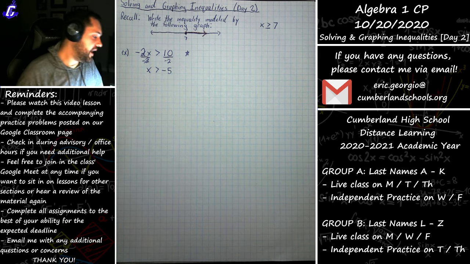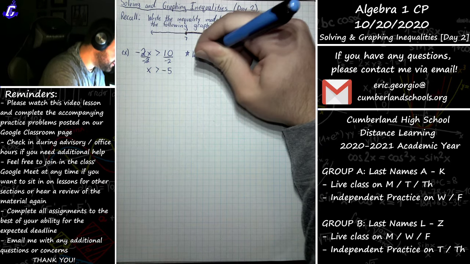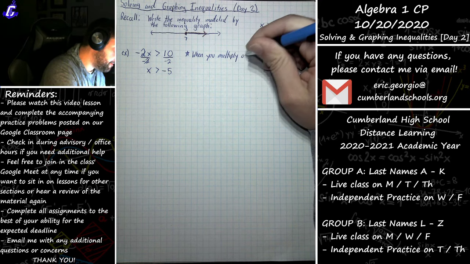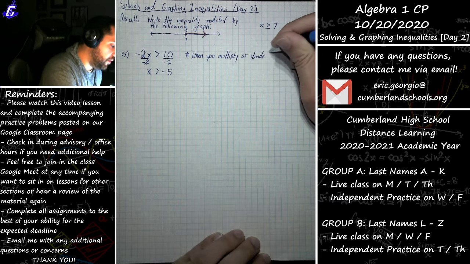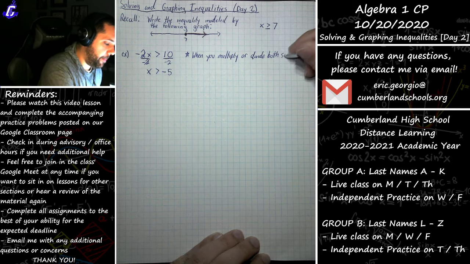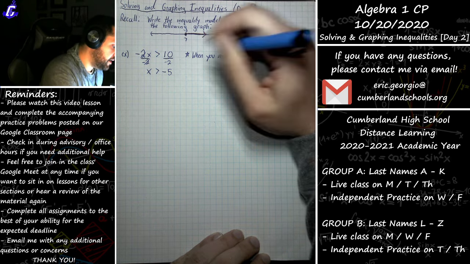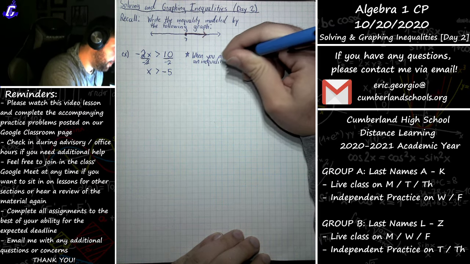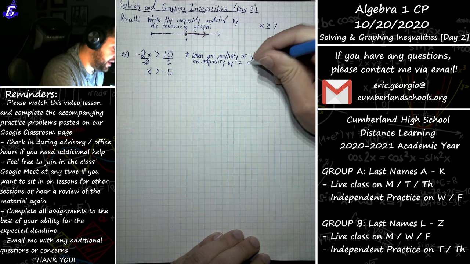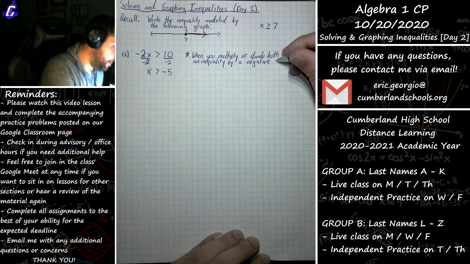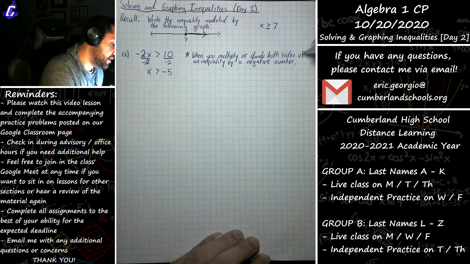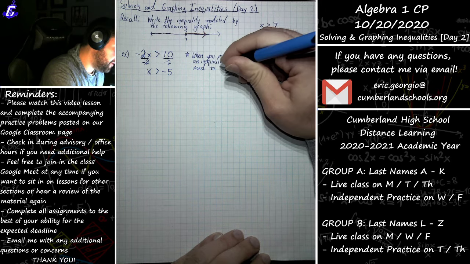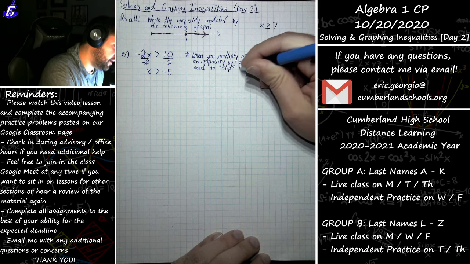Put a nice big star, and note that when you multiply or divide both sides of an inequality, not equality, inequality, by a negative number, you need to flip, and I'll put that in quotes, flip the inequality.